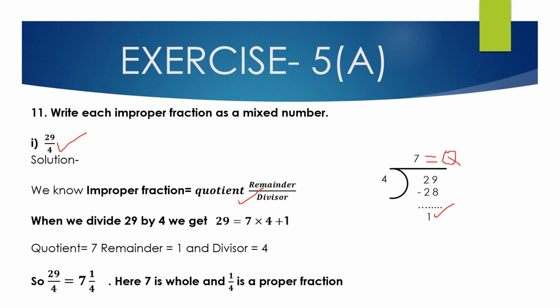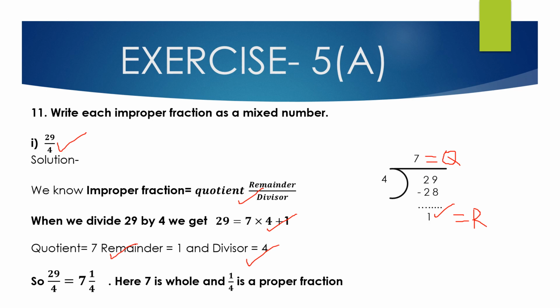When we divide 29 by 4, we get 4 multiplied with 7 plus 1. And 7 is the quotient and 1 is the remainder, and 29 is the dividend and 4 is the divisor.